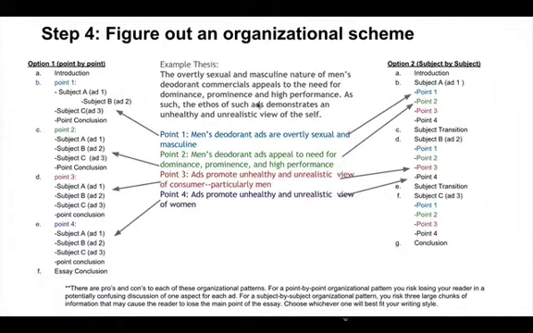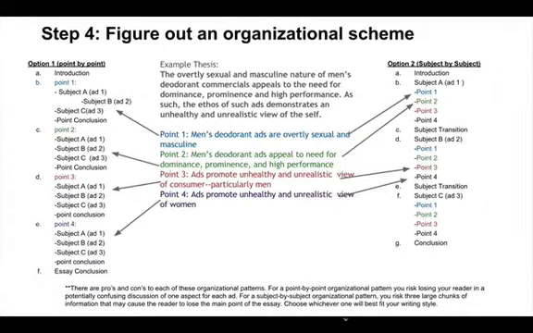So basically what I've done is I've just broken my thesis statement out into 4 points. And remember that point makes a larger claim about the men's deodorant commercials at large. I don't mention the specific names of my products in my thesis statement. I just make that claim and say that they are representative of this particular type of industry.